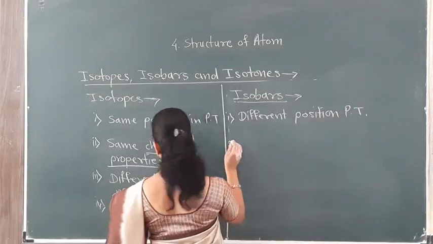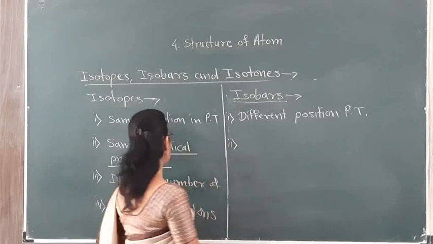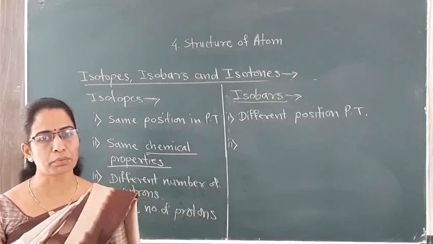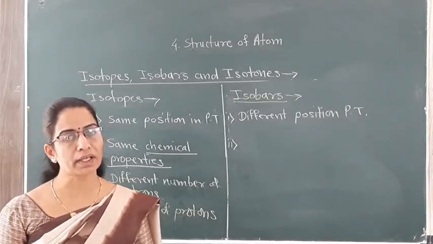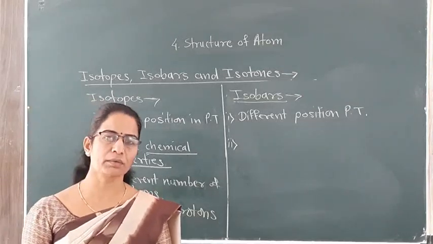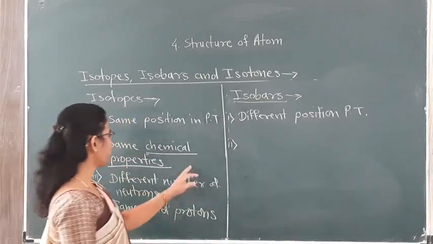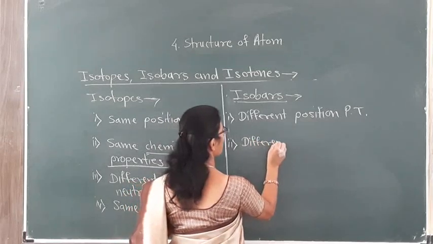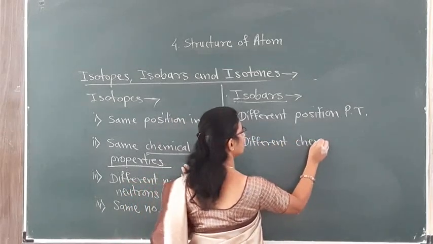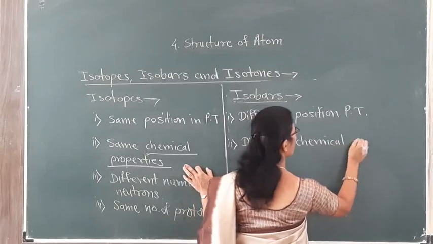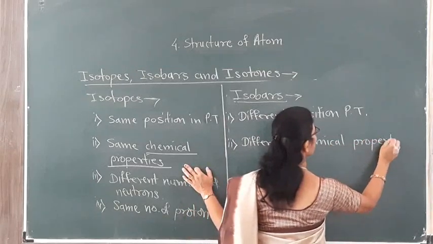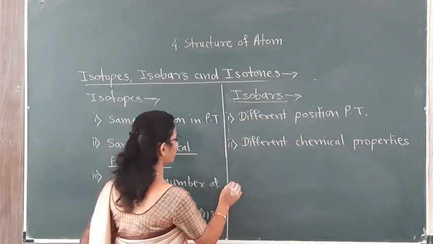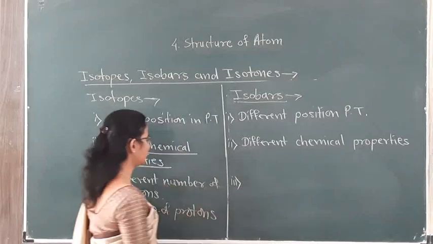The second characteristic: since the chemical properties of elements depend upon the number of protons or electrons present in the atoms of that element, they also possess different chemical properties, because they have different numbers of electrons due to different atomic numbers.